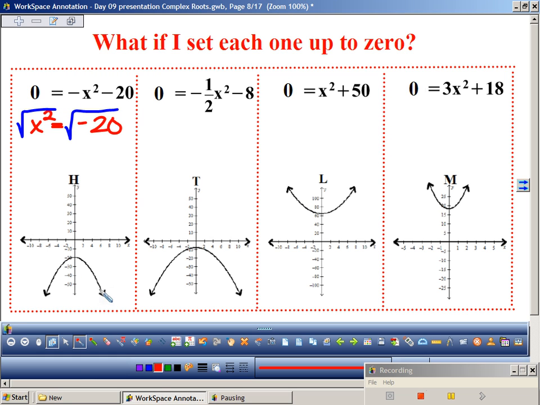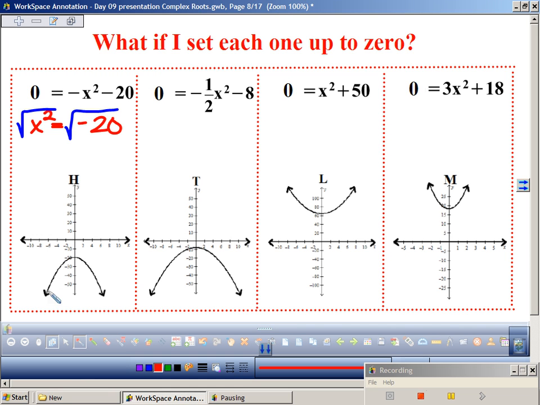That's why that graph is not touching the x-axis. This one over here, I could do by adding 1/2 x squared to both sides. Then I can multiply both sides by 2. Then I could take the square root of that.